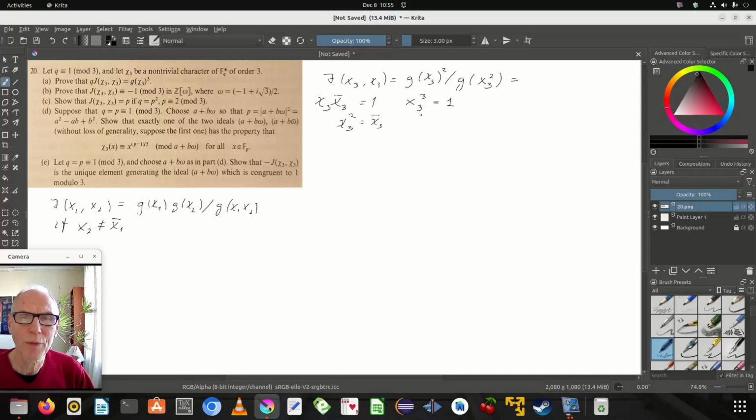We multiply this with chi3 bar, and then it's chi3 squared, chi3 bar equals chi3 bar.